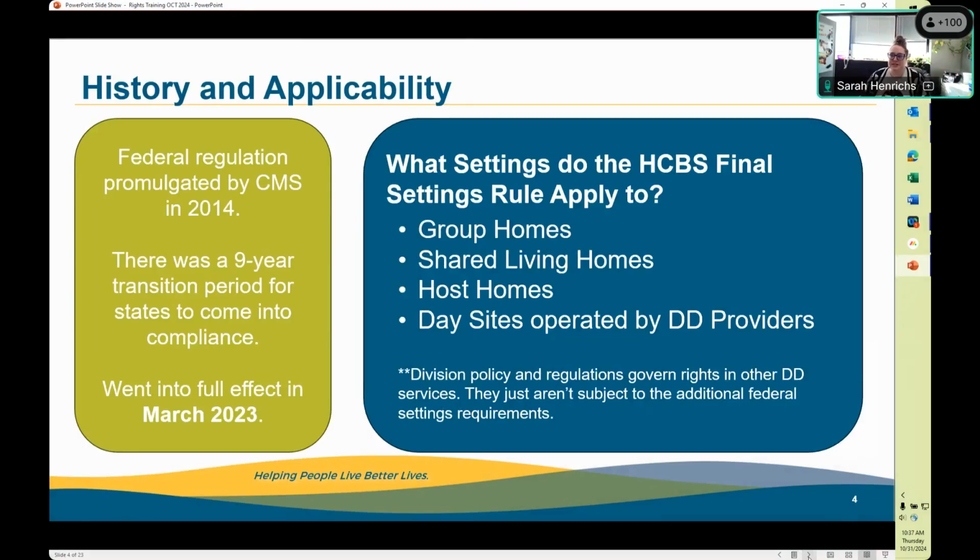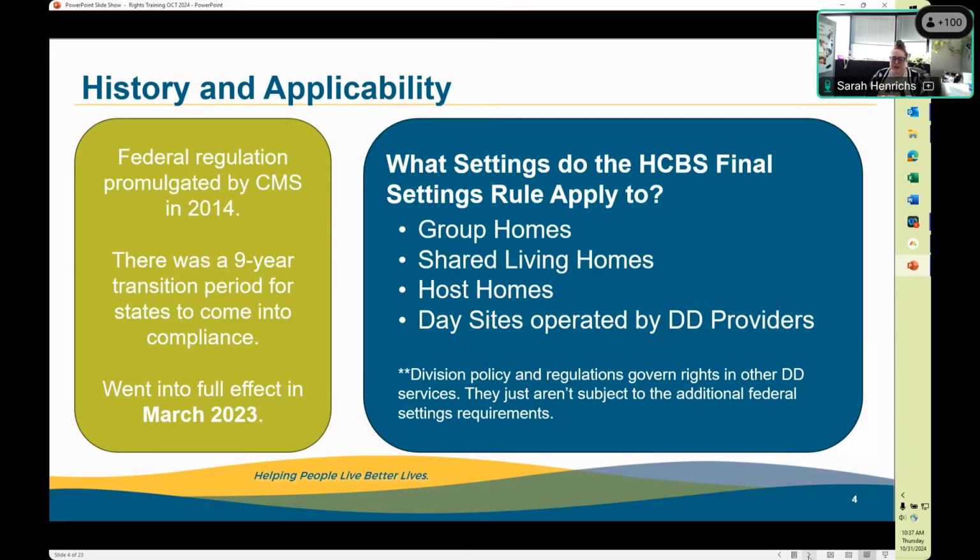One of those things that is linked in that resources page is the actual citation, and you can click on it and go to the text of the actual federal regulation if you'd like, or if you would like to reference somebody else to it as part of conversations you may be having. But it's federal regulation. It was promulgated by CMS in 2014. And then there was a 9-year transition period. I think it was actually originally supposed to have a 5-year period to transition into compliance, and then that was extended.